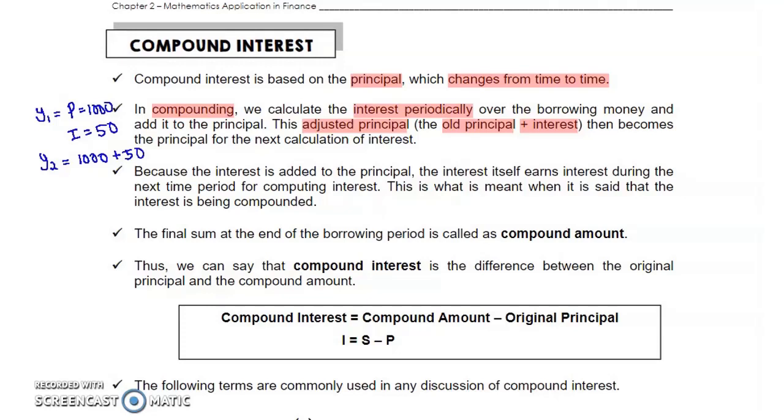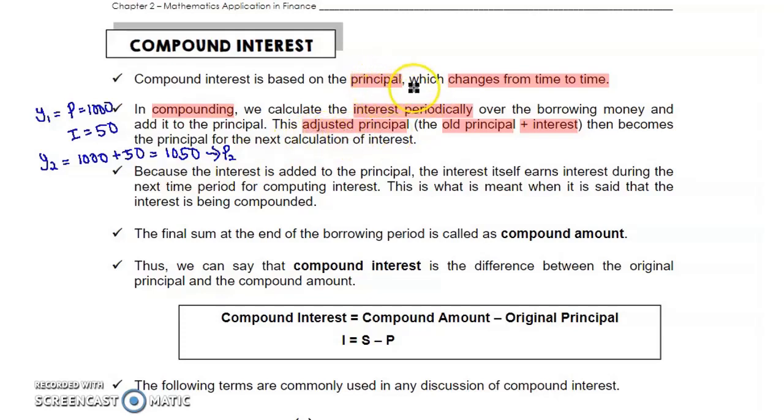So the new principal in year 2 is 1,050 ringgit. This is the principal for the second year. So in the second year, in order to calculate interest, value P now is 1,050 ringgit. This 1,050 ringgit, we call the adjusted principal.